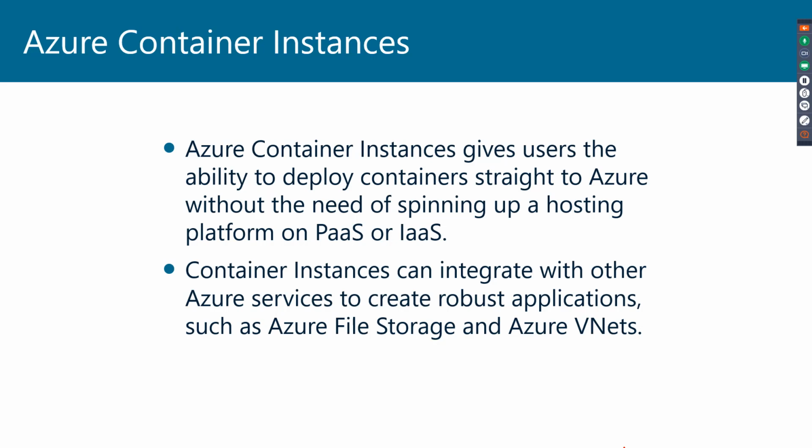So Azure VNets would be useful for running things like hybrid approaches to cloud, or maybe integrating Azure Container Instances with virtual machines running on VNets and things like that. So there's a lot of flexibility with container instances when it comes to integration with other Azure services.